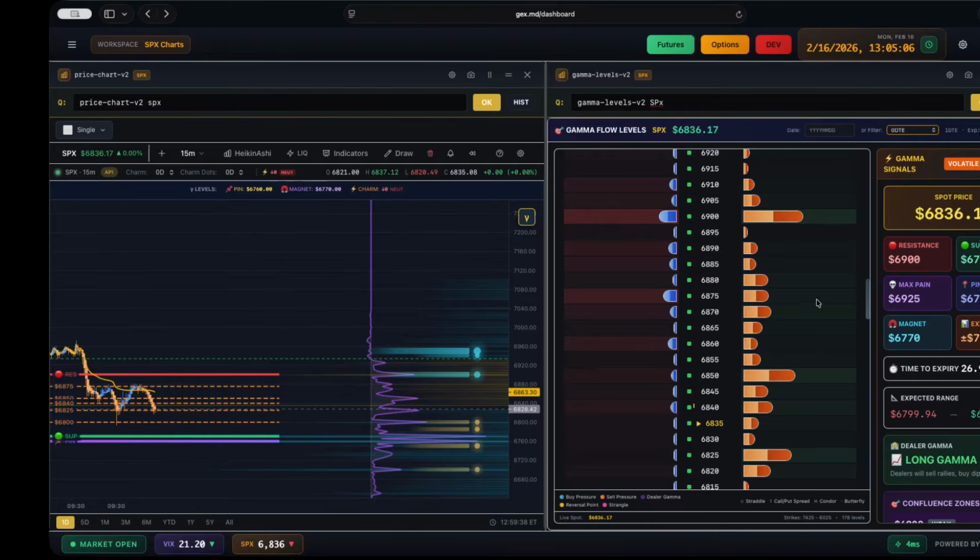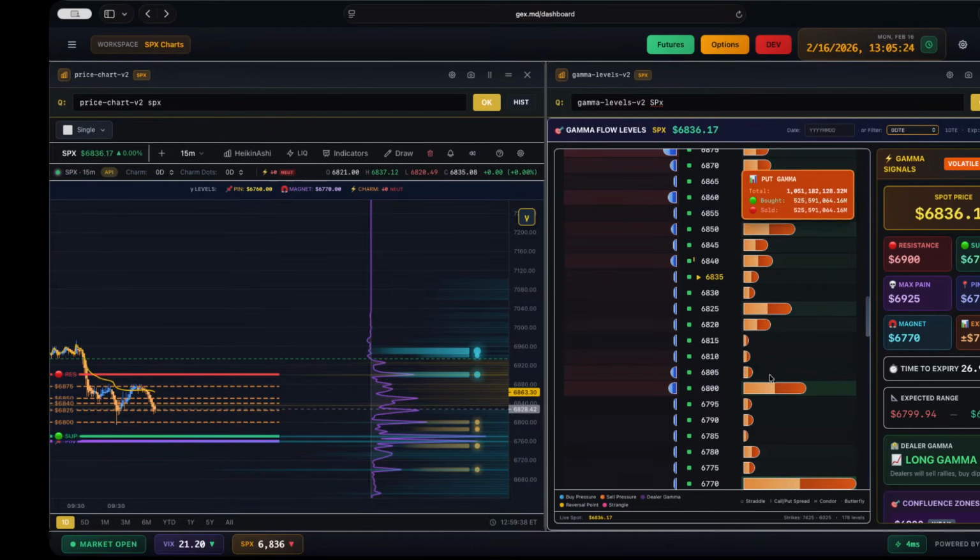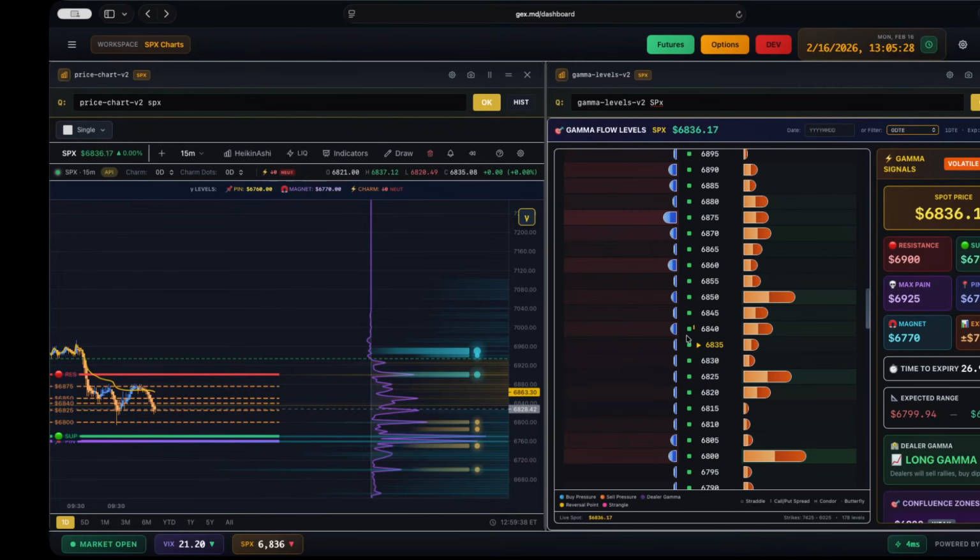That's why I say you open it one time, and that's why I don't put it here as a fixed thing, because what you see in here is going to apply to the chart. Because if I put this fixed on 0DTE, you're not able to see something else for different days on the chart. So you choose your day here, and then that's going to apply to the chart.